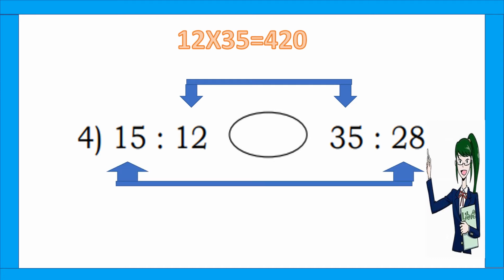The extremes are 15 and 28. Get the product of the extremes. 15 times 28 equals 420. The products are equal. Therefore, the two ratios 15 to 12 and 35 to 28 are equal.